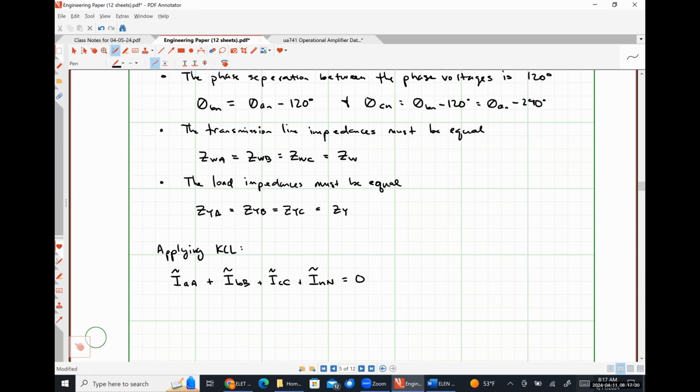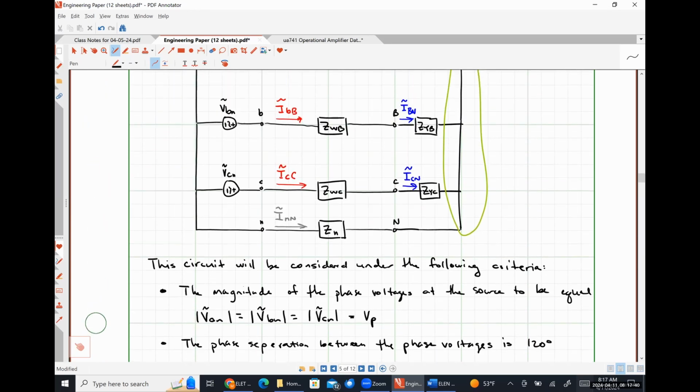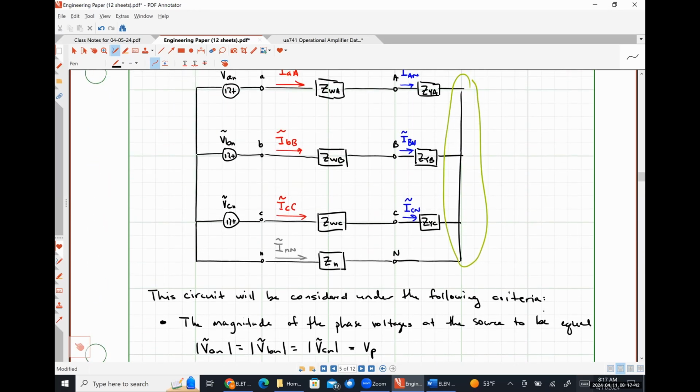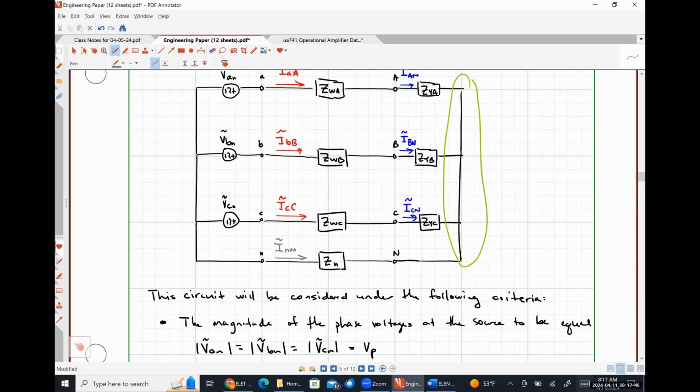So we are about to apply effectively Ohm's law to this network. And so I'm going to do something here really quickly, and this is purely for mathematical purposes. I am going to consider my source side neutral to be my reference.